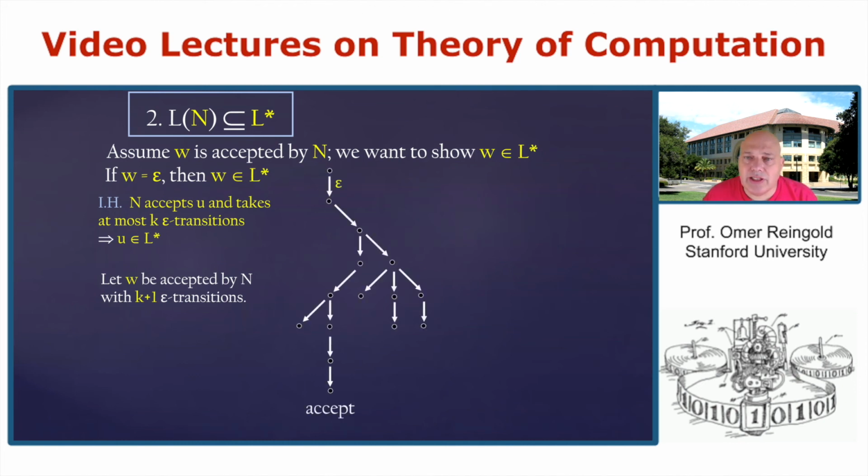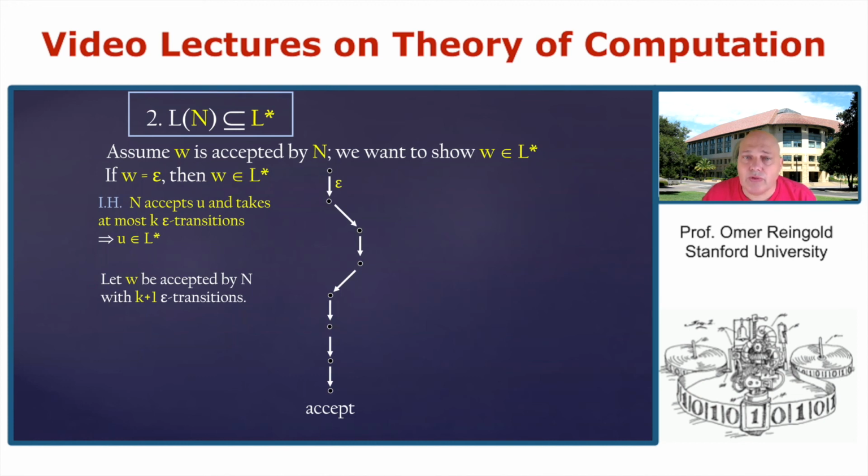So here is the entire computational path. We know that the first edge you're taking, if you're taking any edge, is an epsilon transition because the start vertex is only connected to another vertex by an epsilon transition. So we have a computational path, which is just one of these paths in these trees.